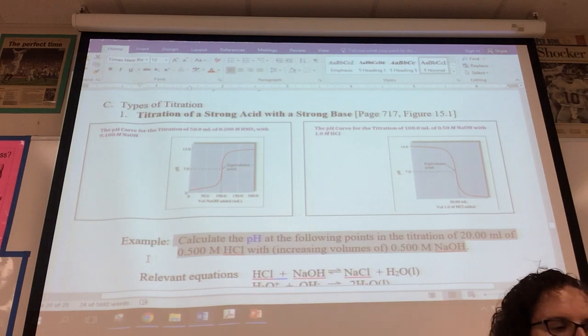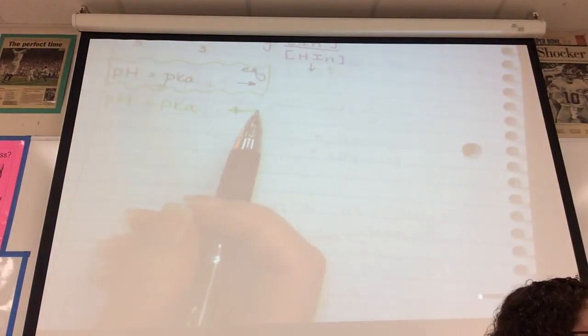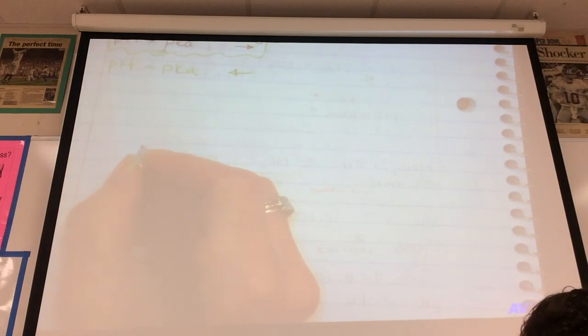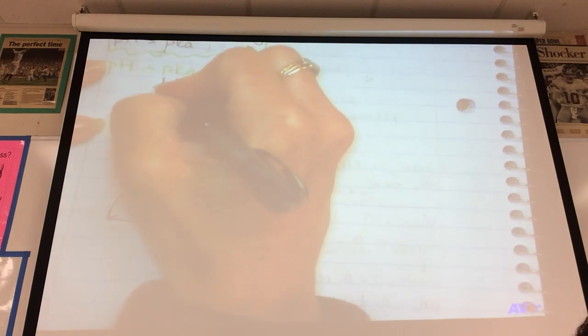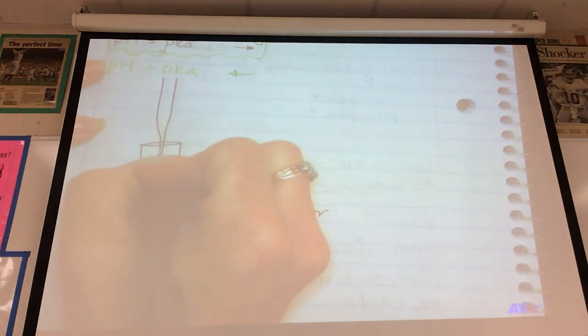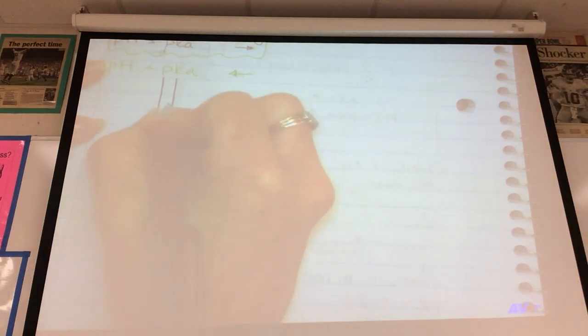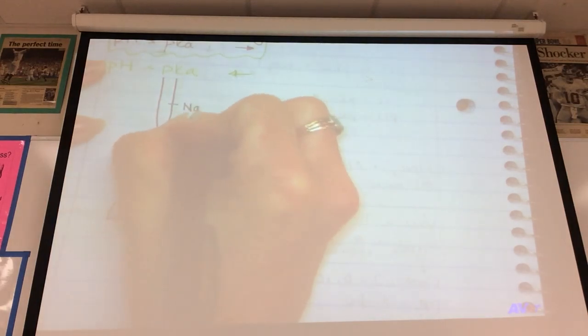So in this particular example, we would have a situation where we have strong acid, we'd have an indicator, and in our burette we'd have strong base.